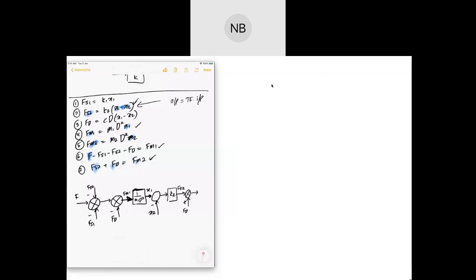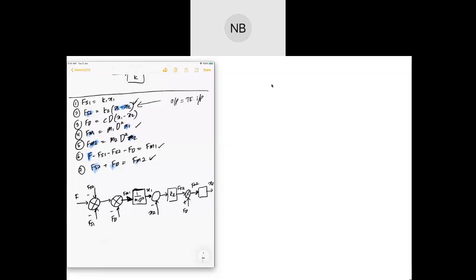Let me draw this nicely. It needs to become the input of a block that has output x2, because that's the only variable left for equation number 5. So fm2 is the input, x2 is the output.